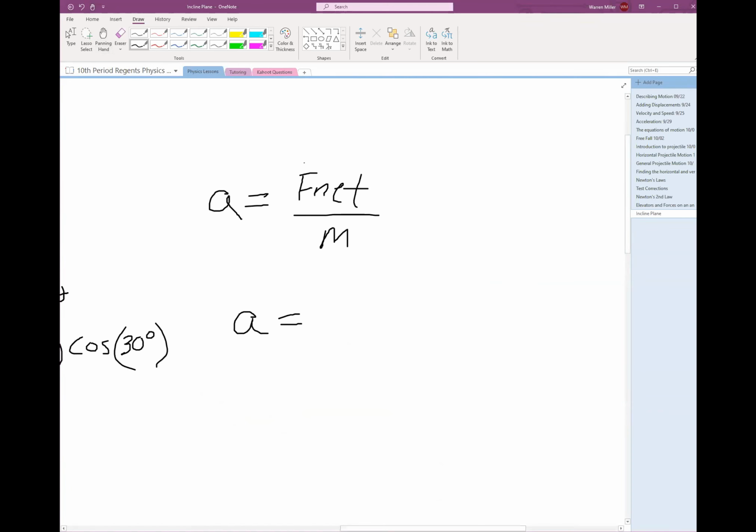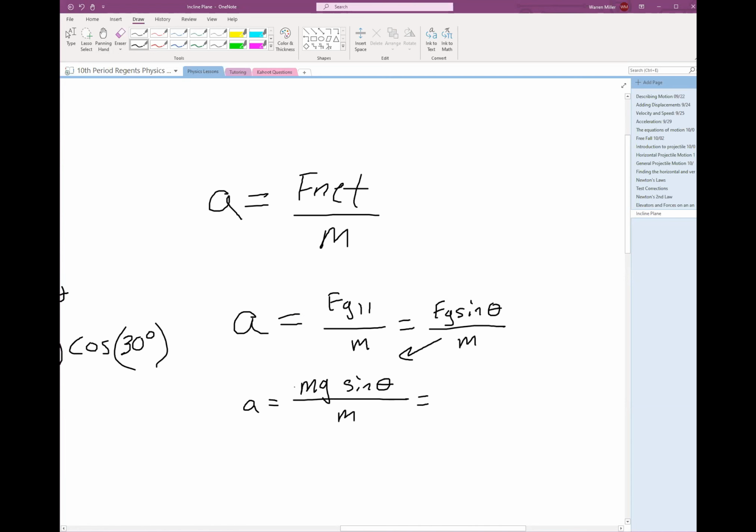So we can go back up to here. And then I can write that the acceleration is just the net force, Fg parallel, divided by the mass, right? Which is equal to Fg parallel, which we said was Fg sine theta, divided by the mass. But there's something very interesting that happens when it comes to the acceleration. Fg is just m times g times sine of theta divided by the mass, right?